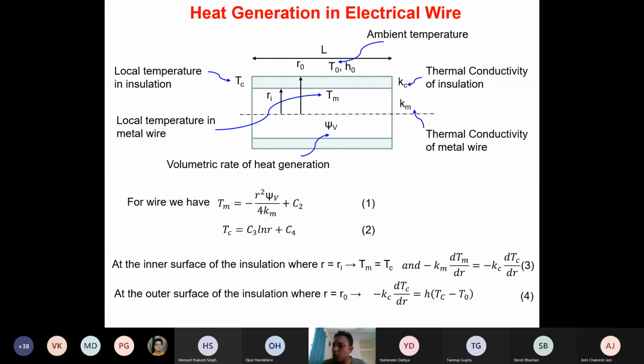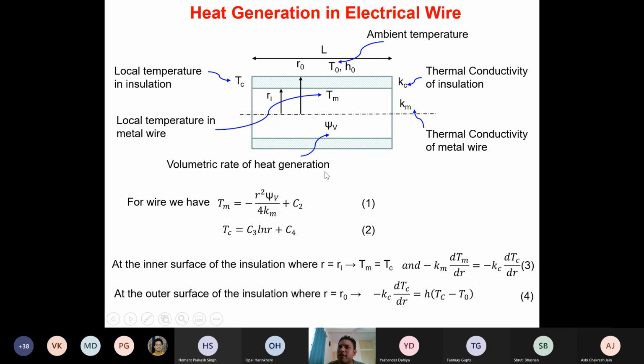So this was the quick recap of what we have done so far in this chapter. So let us look at the last topic of this chapter. Again, here we are looking at the same example which we have seen earlier. We have looked at the electrical wire which was conducting the electric current, and because of resistance the heat is generated inside the wire, and this heat is getting dissipated along the radial direction, isn't it?